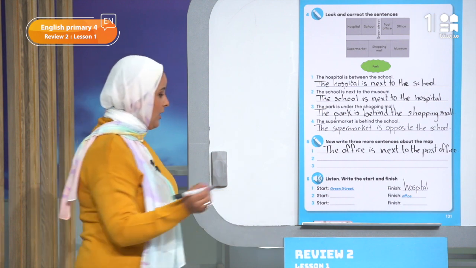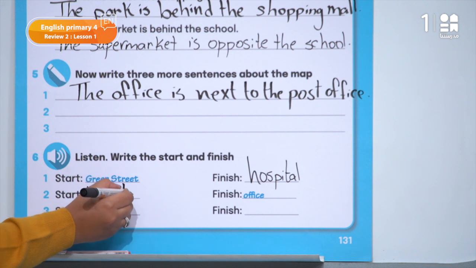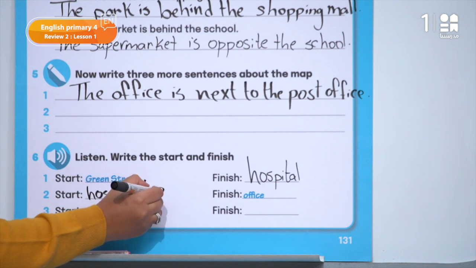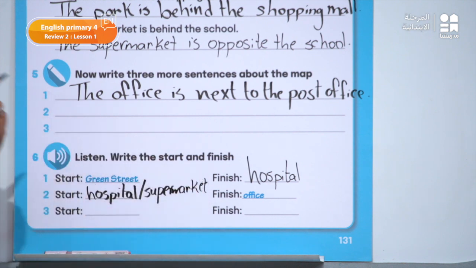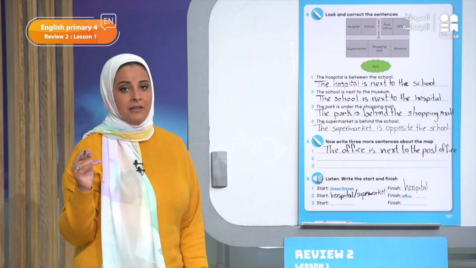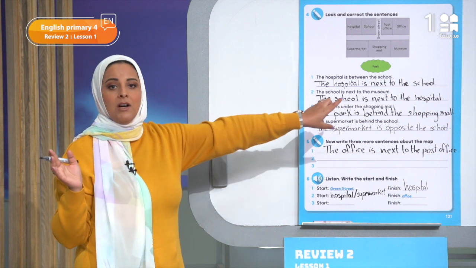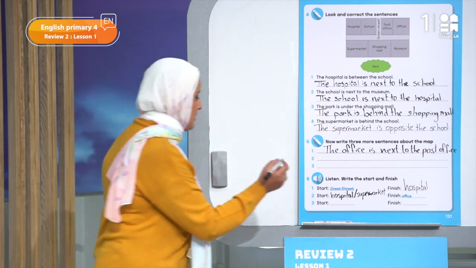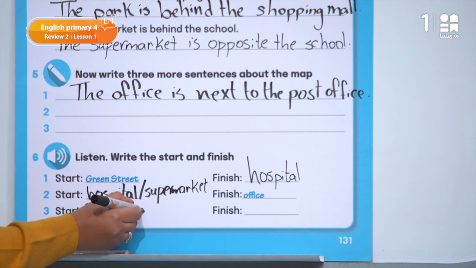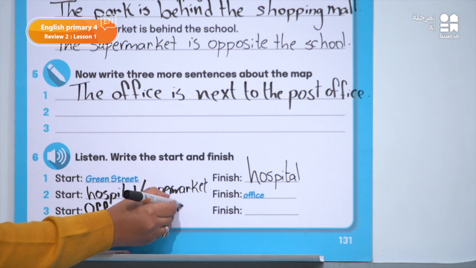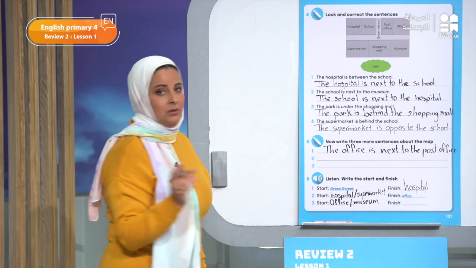So, let's write together hospital / supermarket. Okay, number 3. The start point was office or museum. Very good, both are correct. So let's write office / museum. And the finish one was the school. Very good.